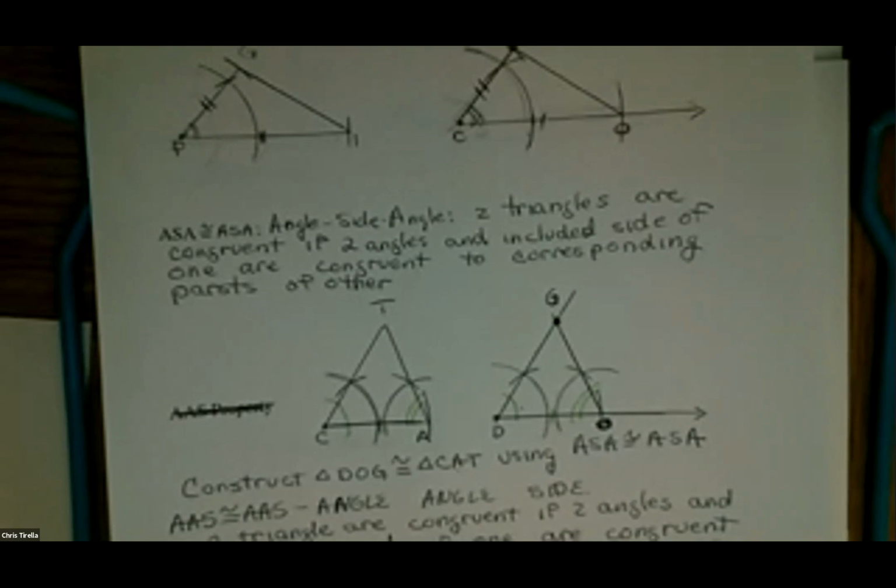I know at one point when I first taught this class, I had somebody who, after they did their constructions, erased all the arcs because they thought they looked messy. I'm like, no, you can't do that. The only way I know whether you did the construction correctly or not is if I can see those arcs. So I'm looking for the arcs to be accurate. I'm looking for the lines to be straight.